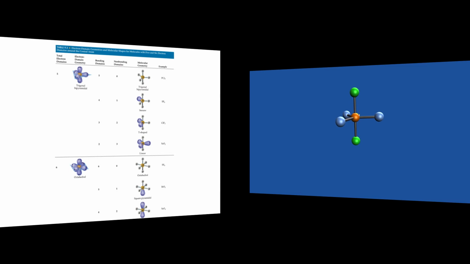If one of them were not bonding, it's important now for us to consider what is the most stable place to put the non-bonding domain? That's a really important question because it'll completely dictate the structure of this molecule. If I remove one of these green atoms and have that be a non-bonding domain, I'm left with a structure that would be essentially like a pyramid with a triangle around it.